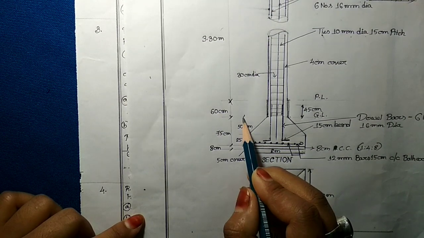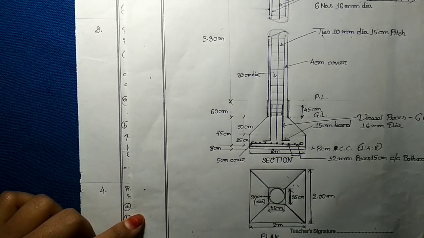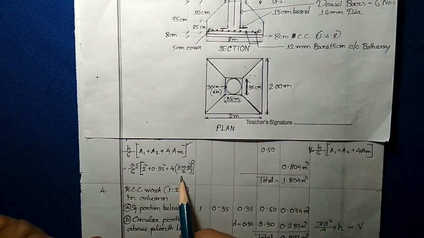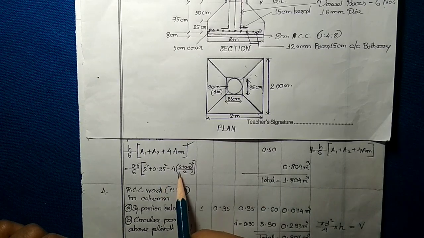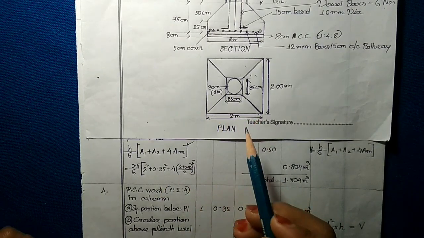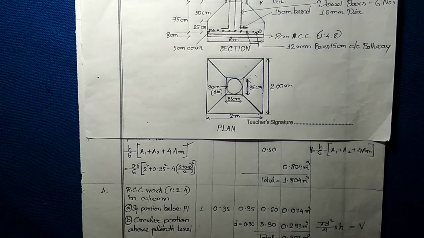You can see from the section, this is the height, and the mean area we have to find as 0.35 plus 2 divided by 2, and if we square it up, then we can have the mean area, but we have to add 4 times of it.